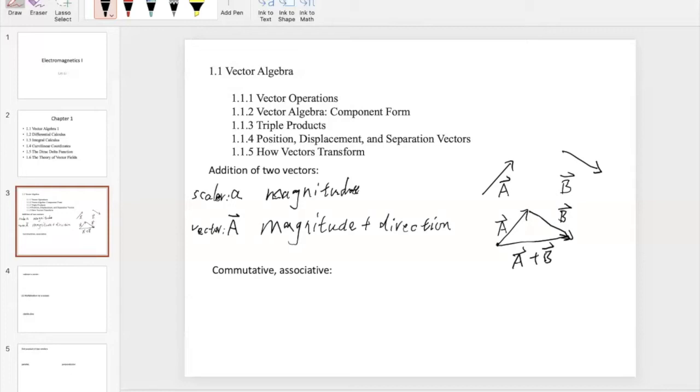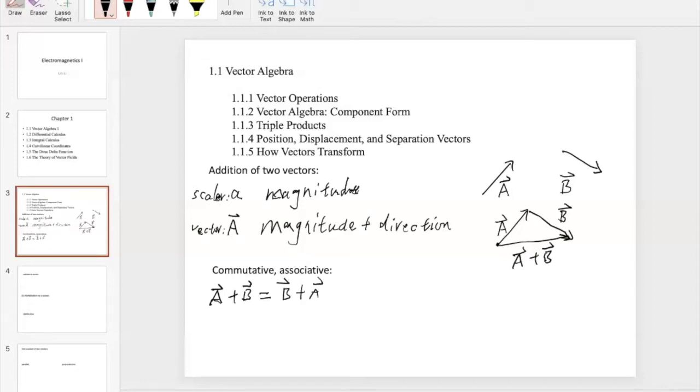The addition of vectors has some features: commutative and associative. So what is commutative? Commutative means A plus B equals B plus A. Why?